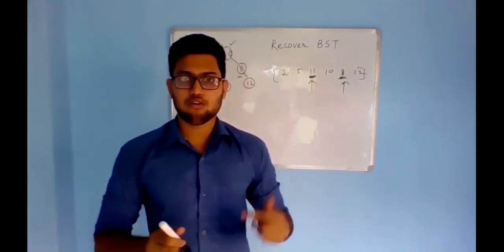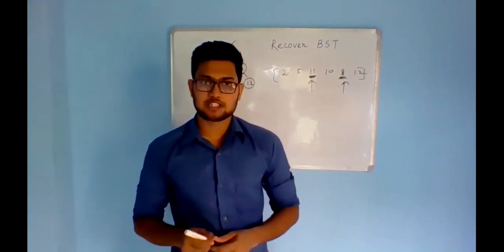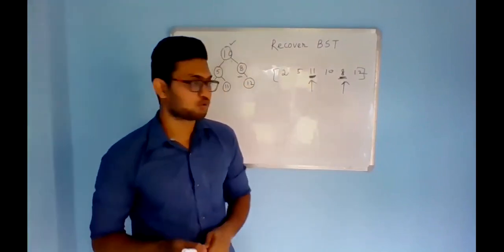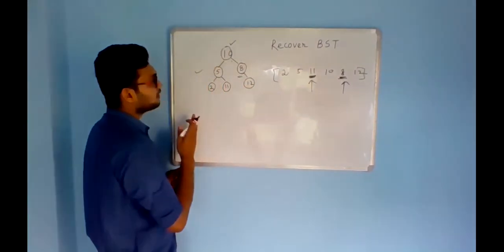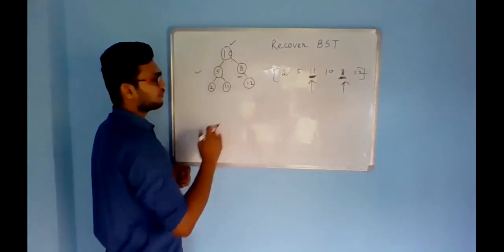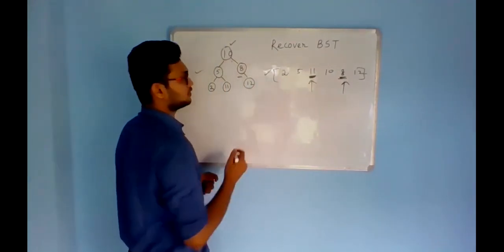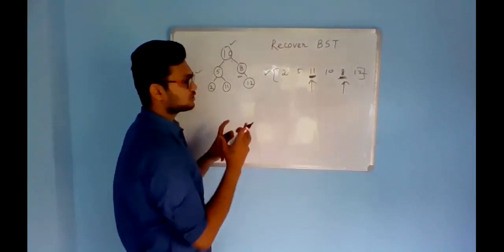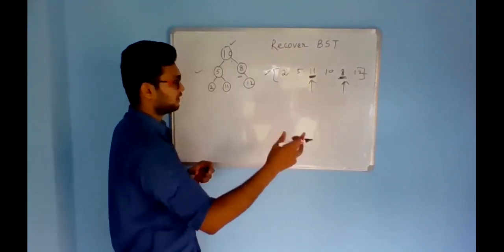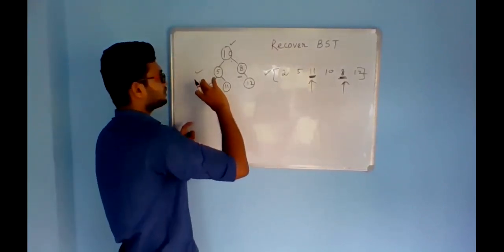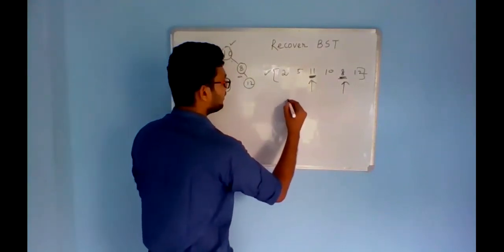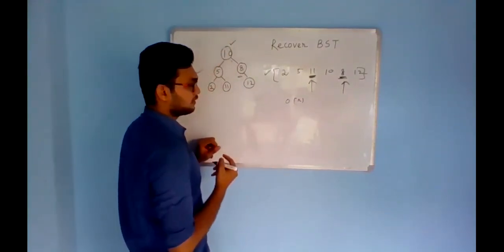Okay, so now let's understand the time and space complexities for this approach. Basically we are traversing in order fashion to store all the nodes in the array or vector. To traverse the whole tree, it will take order of n time, right?